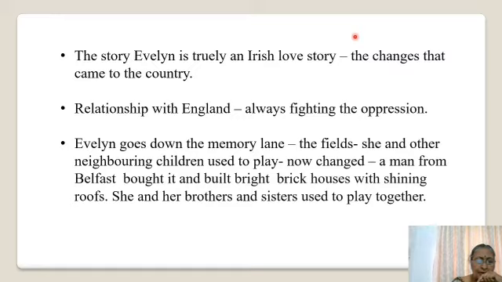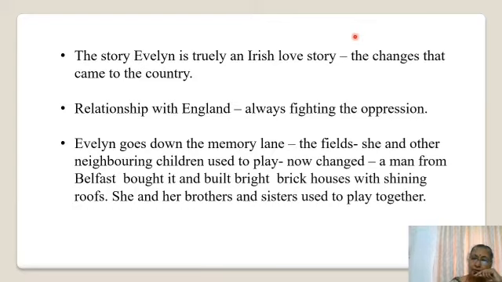Here you find that there is indeed the story of Evelyn, which is truly an Irish love story. Irish in the sense that James Joyce belongs to Ireland. And what is the peculiarity of Ireland?